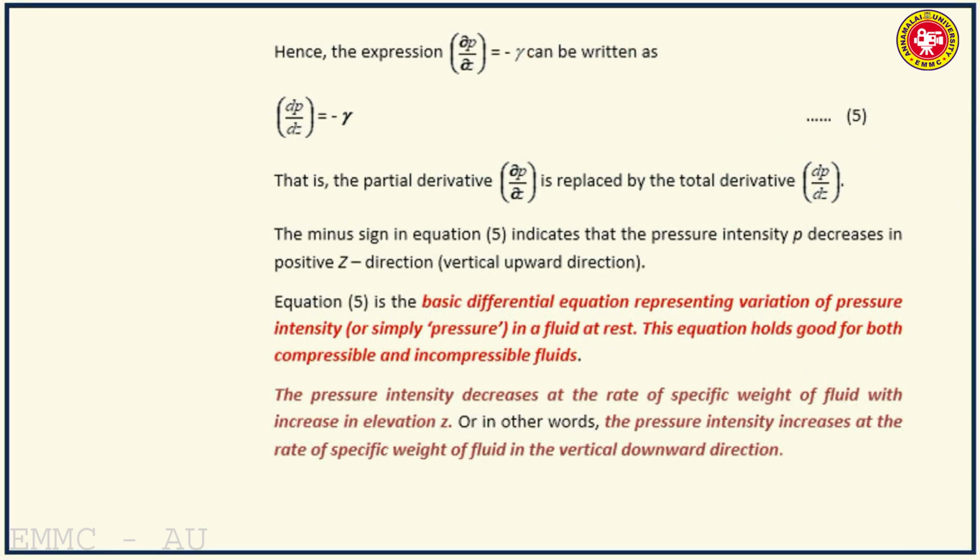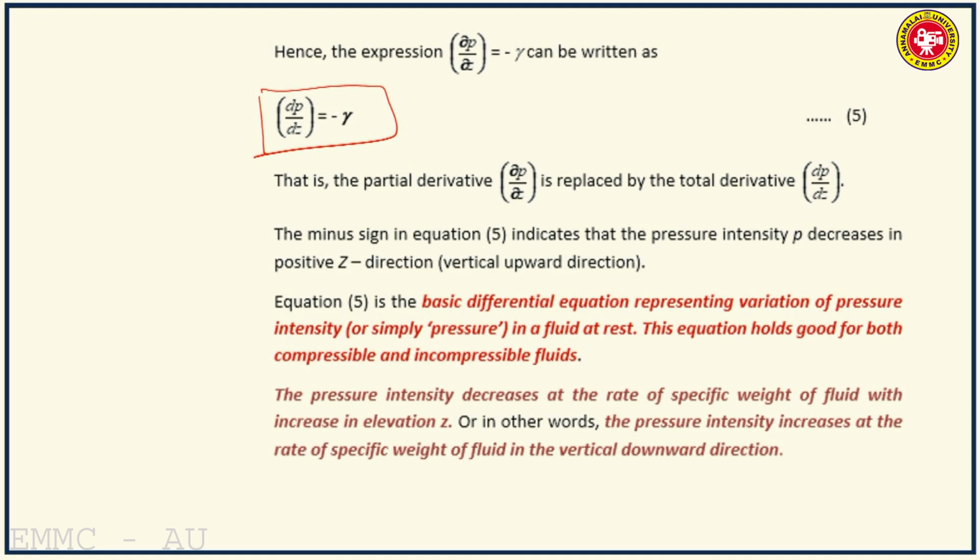So now I am writing this as dP/dz equal to minus gamma. How has the partial derivative turned into a total derivative? We assumed initially that the pressure was varying in all the three mutually perpendicular directions x, y and z. But we proved that it is not varying in x direction, it is not varying in y direction, it is varying only in z direction at this particular rate.